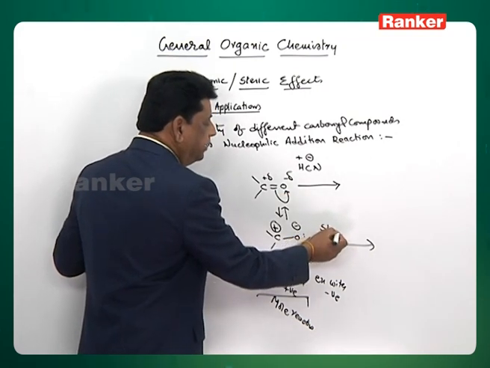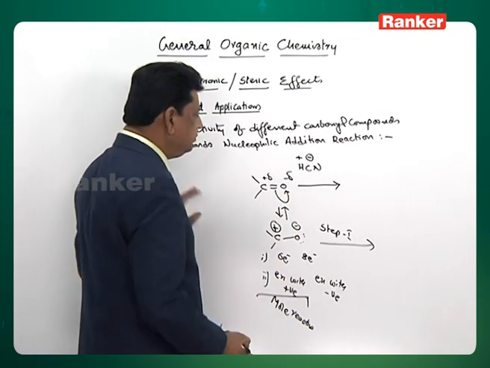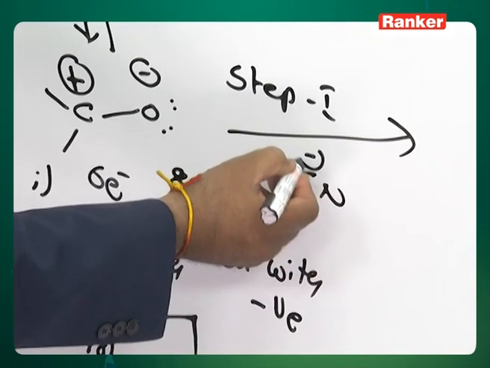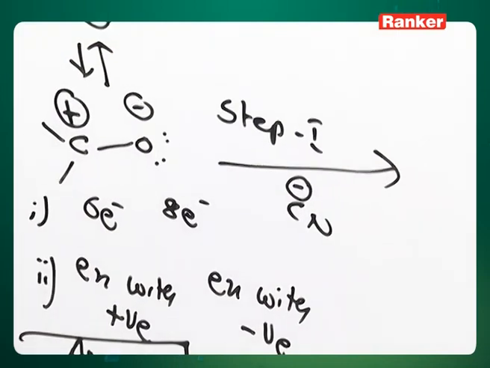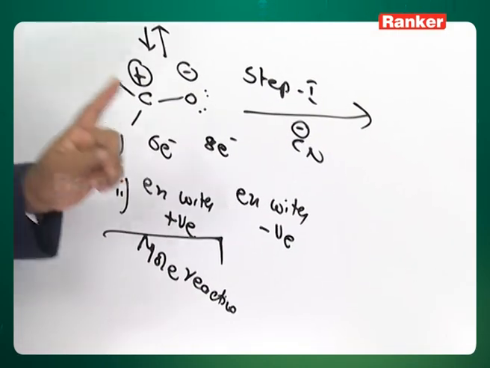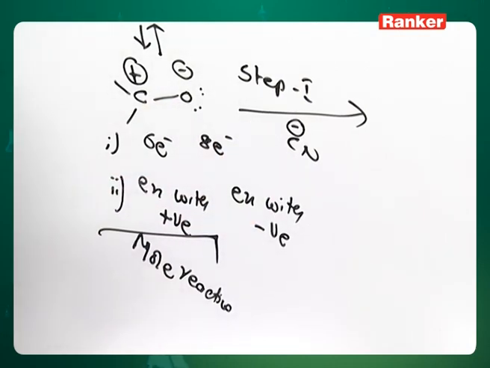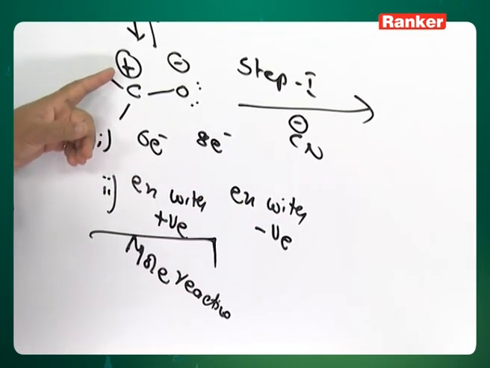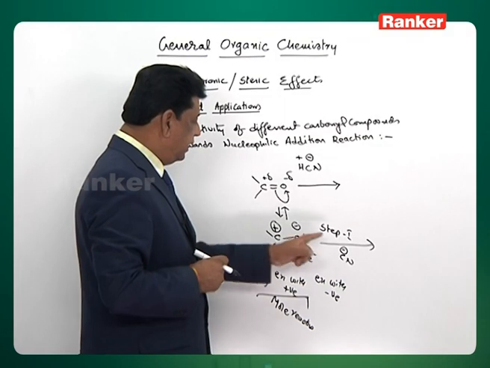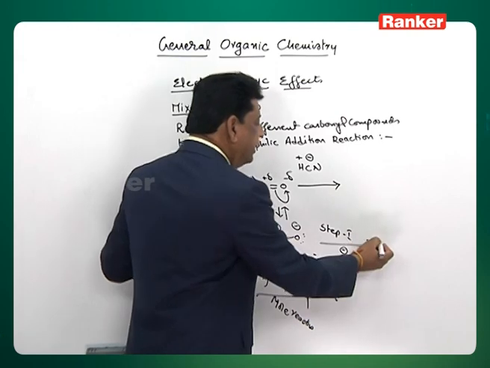In step 1, first cyanide minus is going to attack. So, though we add H plus and cyanide minus at a time, the cyanide minus attacks not because it is a stronger nucleophile, but because of the lower stability or the greater reactivity of the C plus, and the cyanide attacks here and makes a reaction.